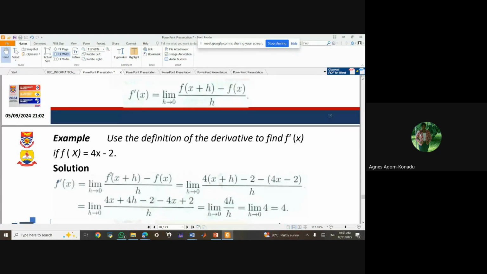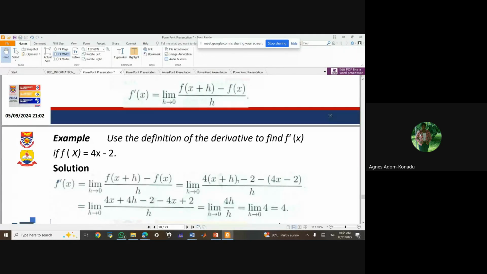So I have to find my f of x plus h, which means that wherever I see x, I add h to it. So this will be 4 into brackets x plus h, plus 2. So that is for this part. Then minus the original f of x, which is 4x plus 2. Then everything divided by h.